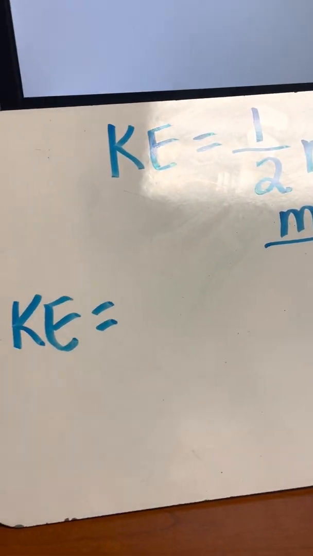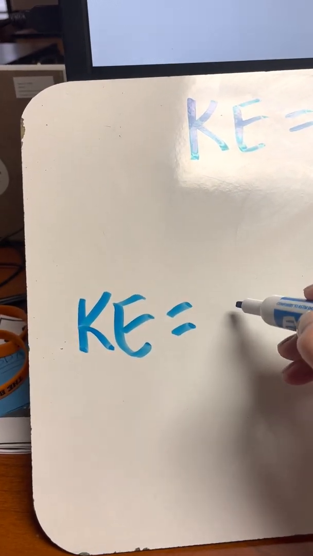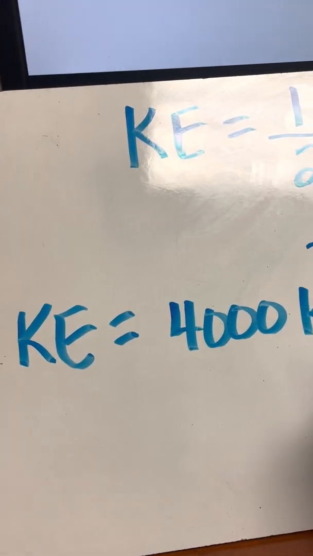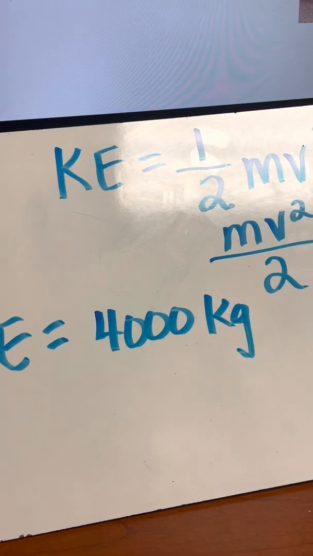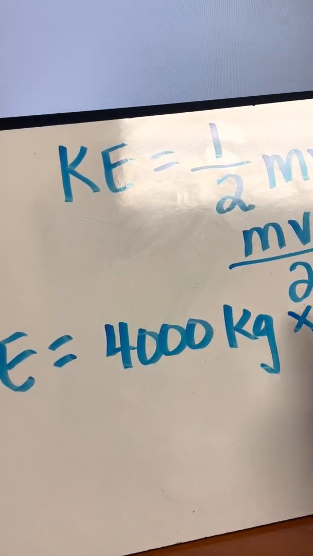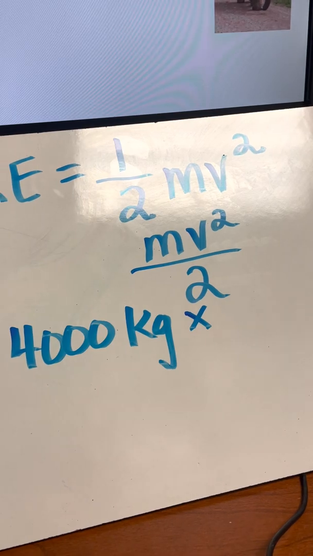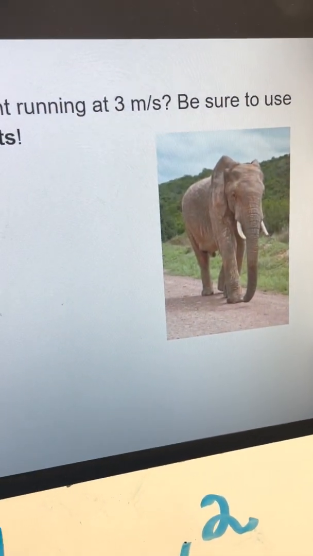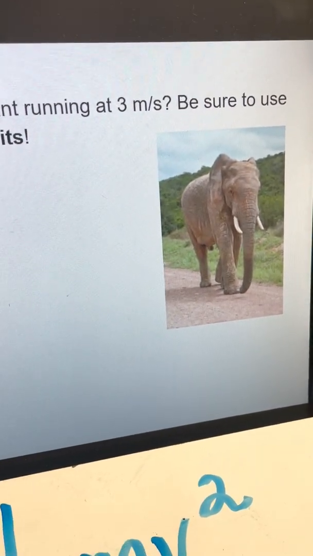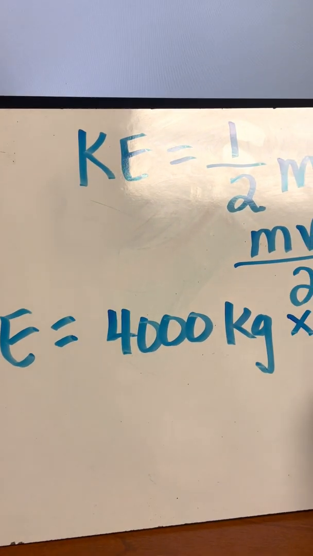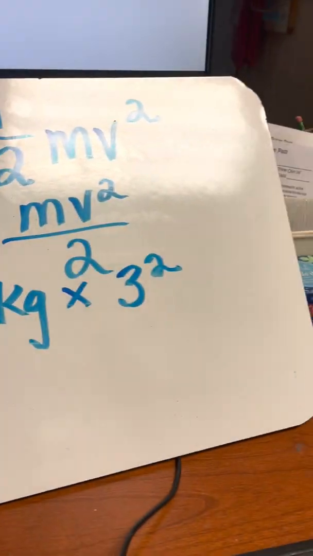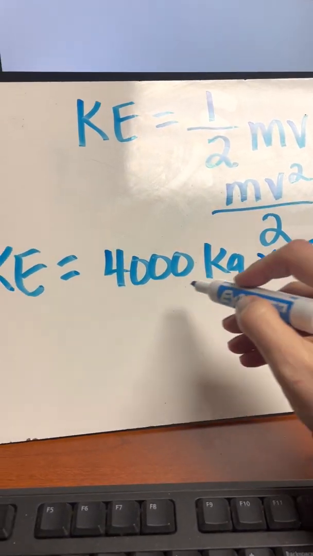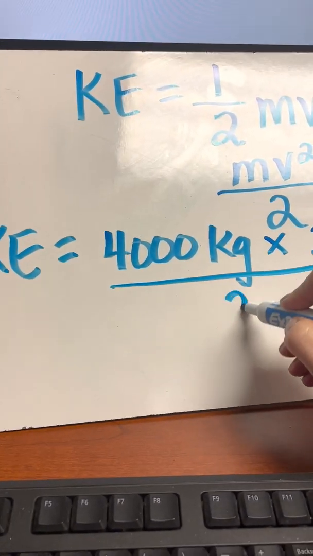So let's take the mass of the elephant, which is 4,000 kilograms, and multiply that times the velocity squared. If we look back at the problem, the velocity of the elephant is 3 meters per second. So we're going to have to take 3 squared. So 4,000 kilograms times 3 squared and divide that by 2.